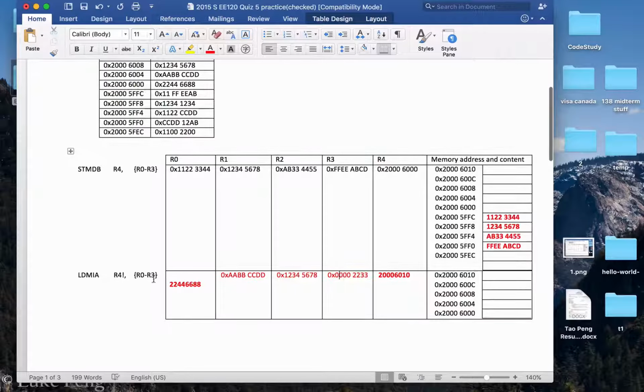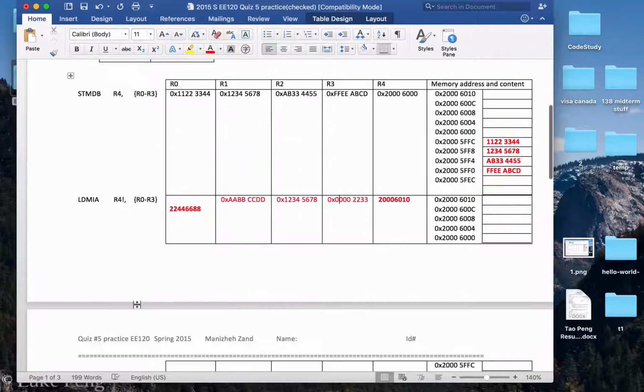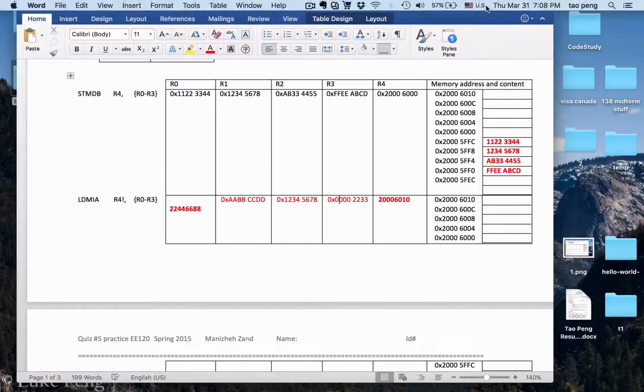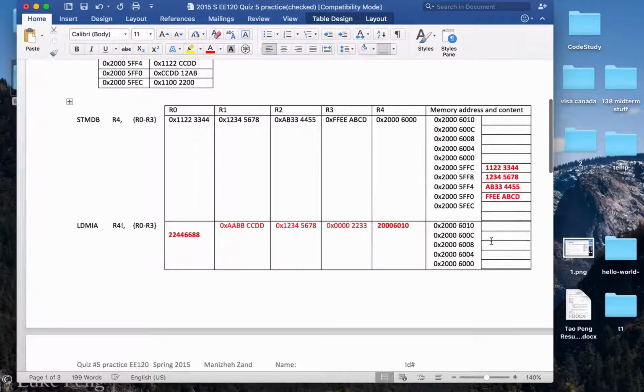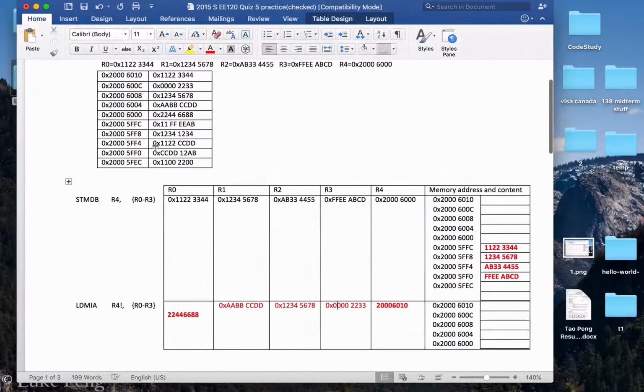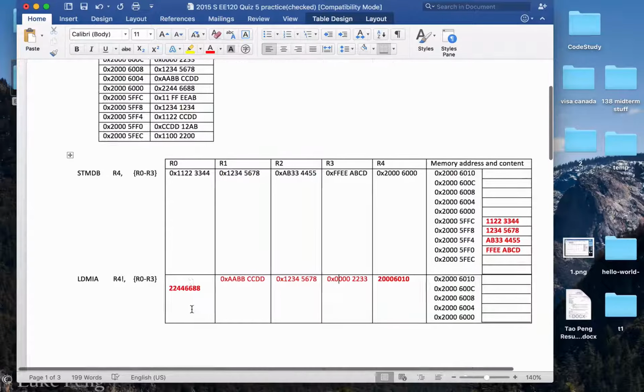So basically this instruction will do that. And anything else? Even though I read, this other stuff doesn't change because I didn't store. I just read. I just load.